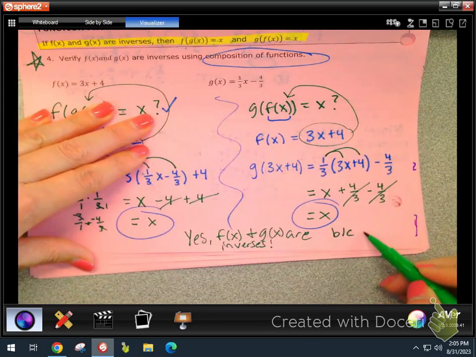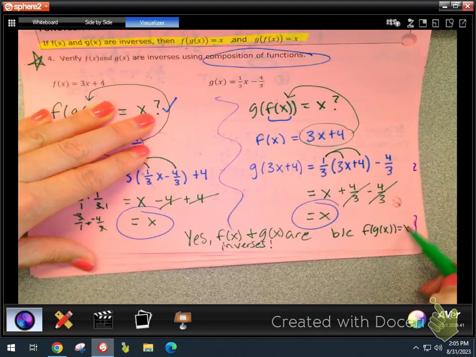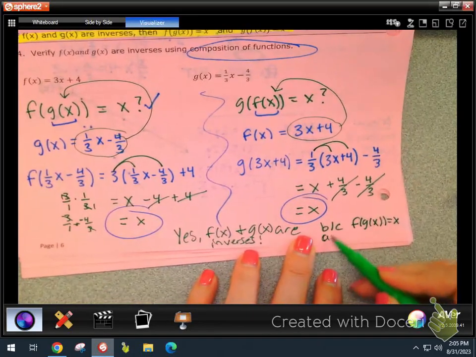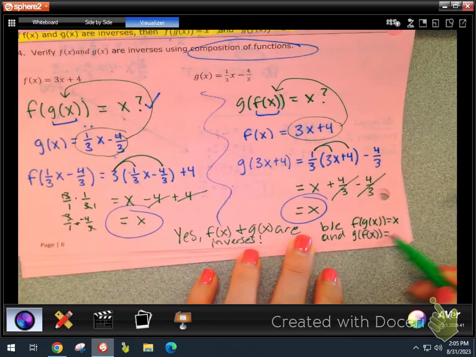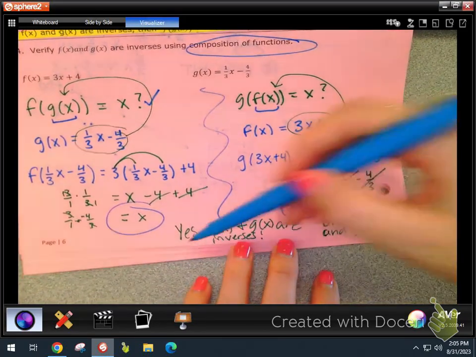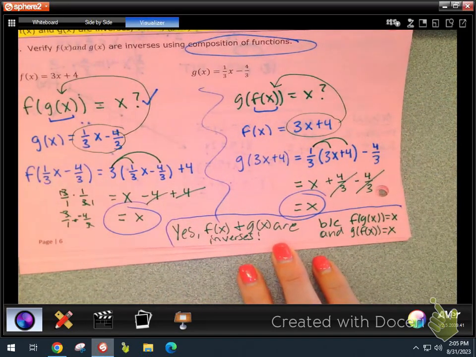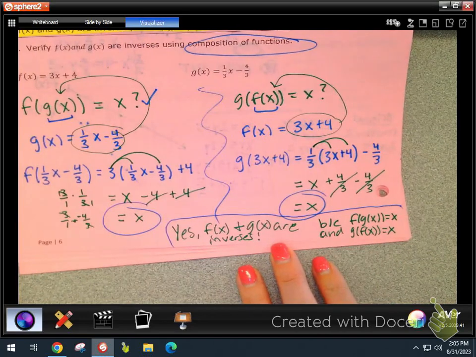Because, what did we prove? f of g of x equals x, and what else? Very good. That is your explanation. I don't need a paragraph. This will do. So we can say that they both equal x. I want you to at least write down the compositions. The compositions both equal x. Okay, common misconception. Let's see if this happens on one of these.